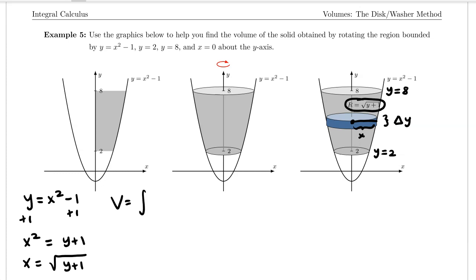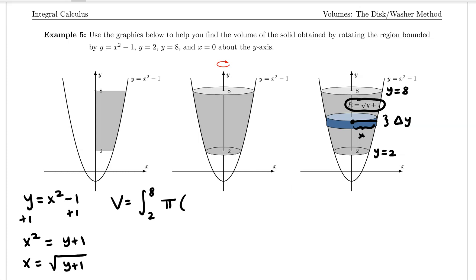And so now let's go ahead and set up our integral. We have the volume is equal to, our limits of integration are 2 to 8, and these slices of bread are circular cylinders, or discs rather. So we have pi times the radius.